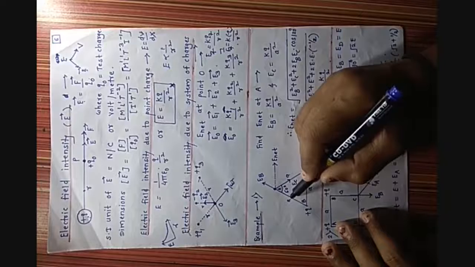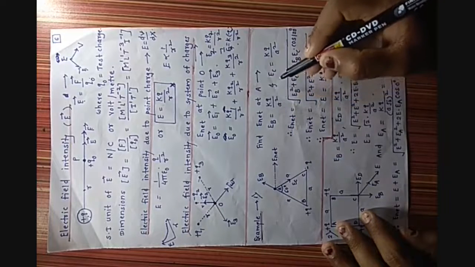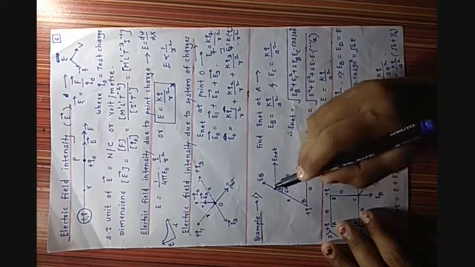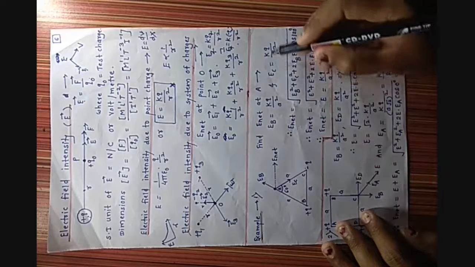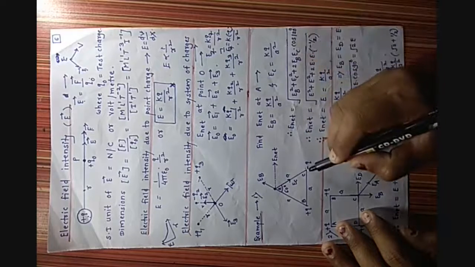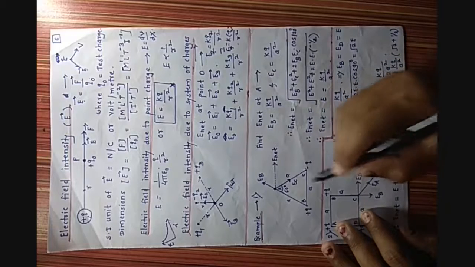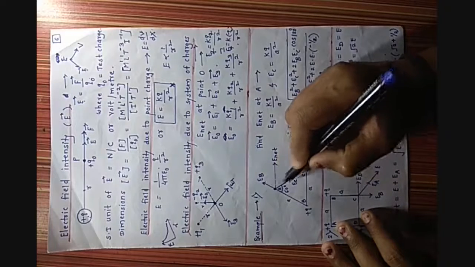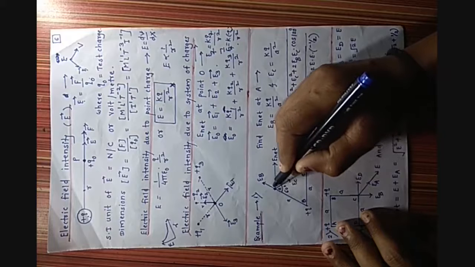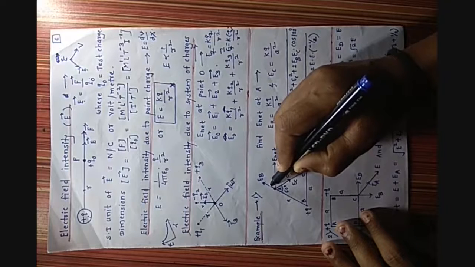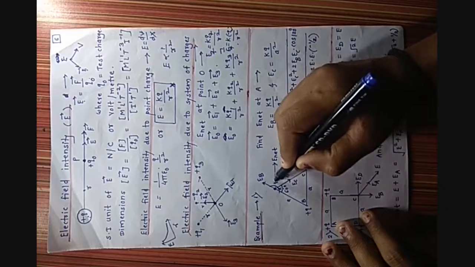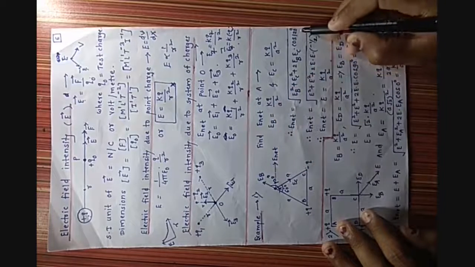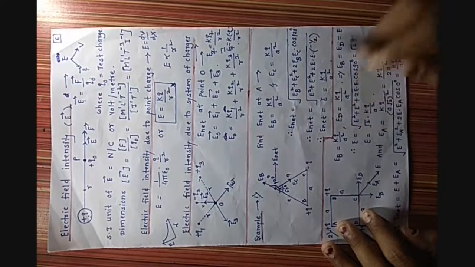Charge is Q, distance is A, so KQ upon A square, and EC equals KQ upon A square. Polarity consider करायची नाही. आणि या दोन वेक्टर्स मधला अँगल, if the whole angle is 180 degrees, and this is 60 degrees, so 180 minus 60 means 120 degrees. Just substitute the value and find the E net.